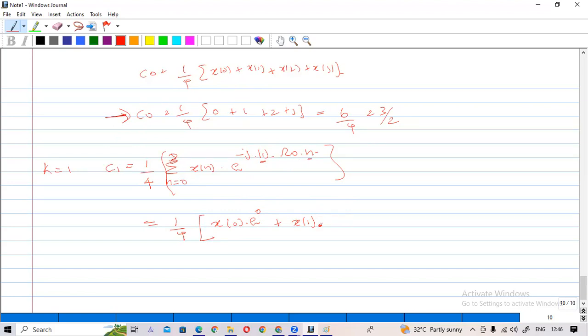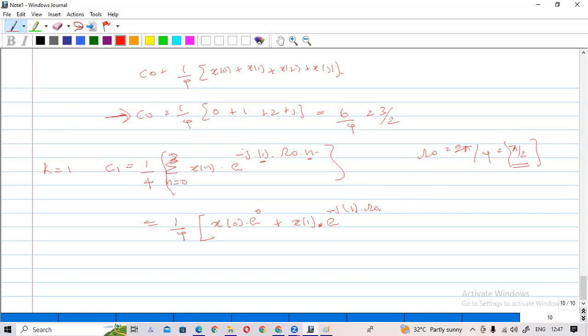So this will be e to the power minus j, now k is 1, omega naught n. Omega naught is equal to 2 pi by N naught, so that is 2 pi by 4, which is pi by 2. So omega naught is equal to pi by 2. I am writing omega naught here, and later we can substitute this value pi by 2.